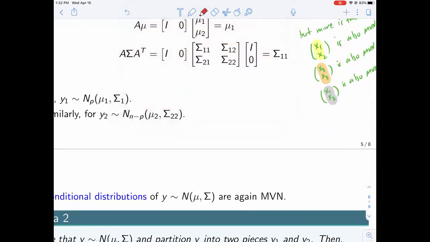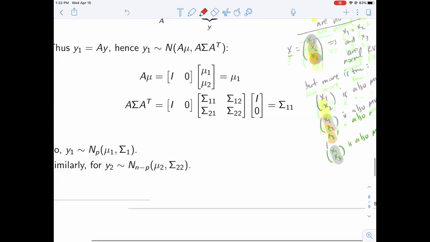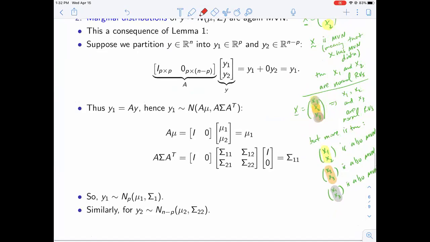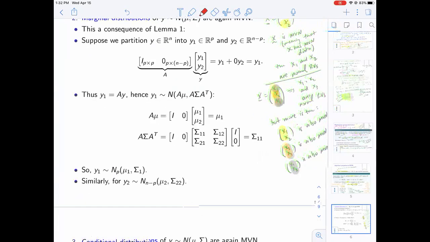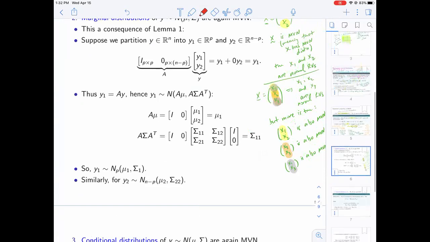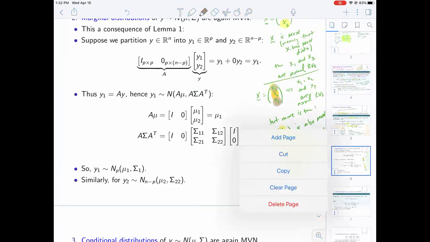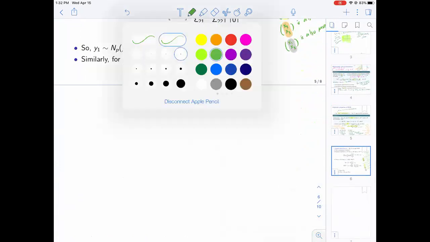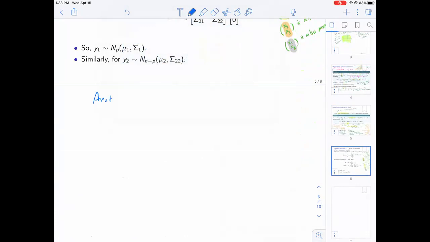Suppose I have X, which is X1, X2, X3, X4, X5, and it follows a multivariate normal distribution, let's say, with mean mu1, mu2, mu3, mu4, mu5.